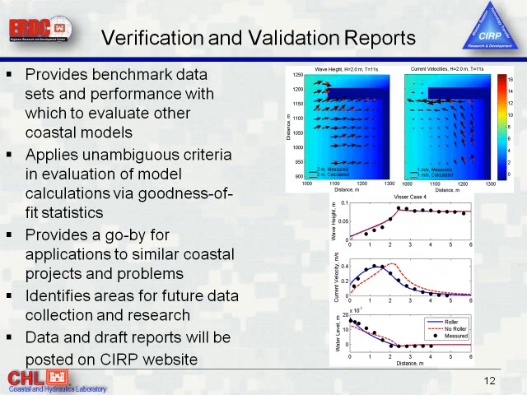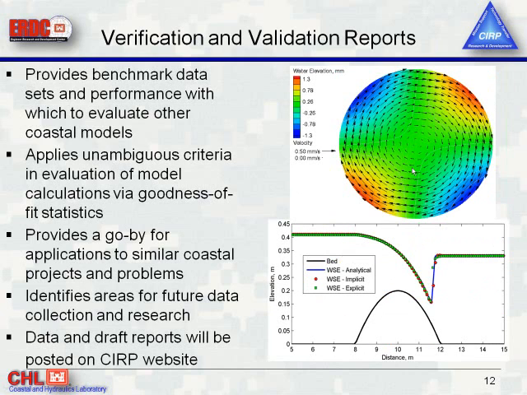Great. So these are some examples. These are both verification tests, idealized cases of a circular ocean or basin with spatially varying winds, and this one is a bump with transcritical flow over it, and you get this hydraulic jump on the downstream side.